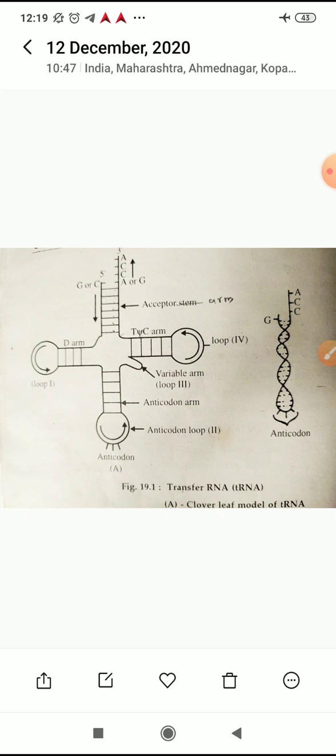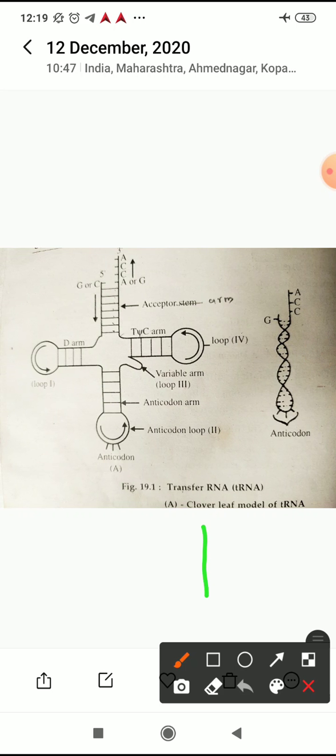Here you can see the hypothetical structure called the cloverleaf model of tRNA, or transfer RNA.